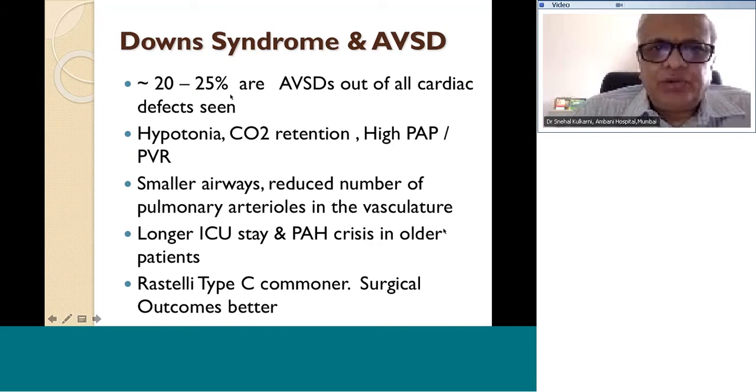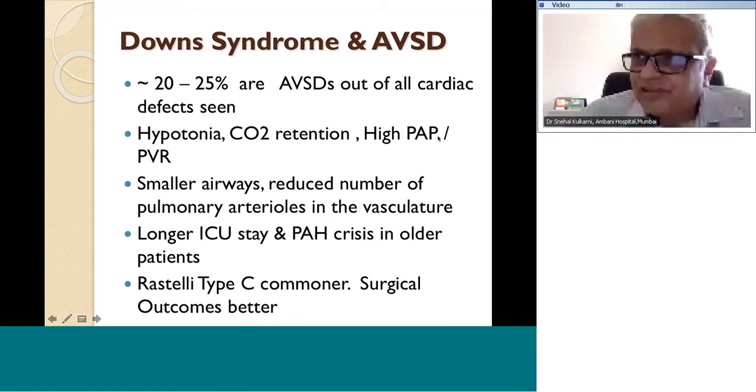A few things about Down syndrome and AVSD. 20 to 25% of all cardiac defects seen in Down syndrome are AVSDs, and a quarter of the children have some cardiac defect. As we know, with Down syndrome, they can have hypotonia and CO2 retention, which leads to high pulmonary vascular resistances and pulmonary arterial pressures, so they can go into inoperability much earlier.